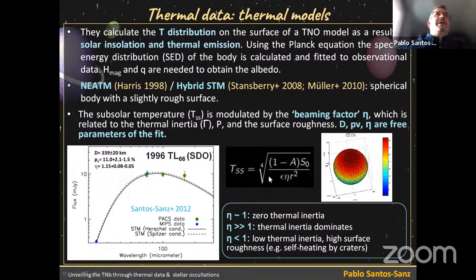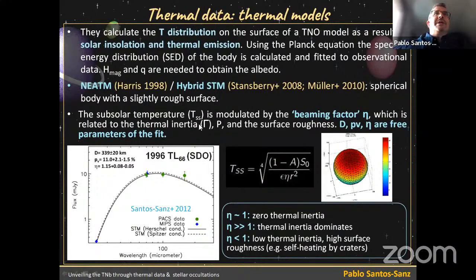Well, what do we do with the thermal data? If we have thermal data of one of these objects, we apply a thermal model. I'm not going to stay on this slide a lot. Basically, this is the easy way to obtain information from the thermal data. We assume that the object is spherical, and we make another assumption.